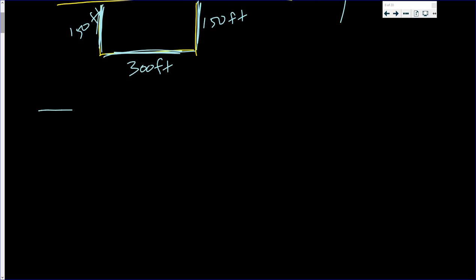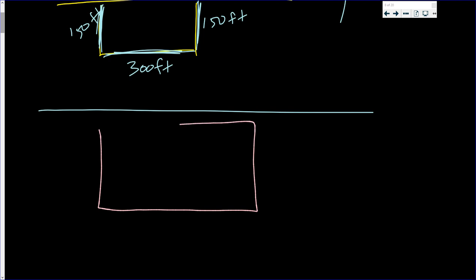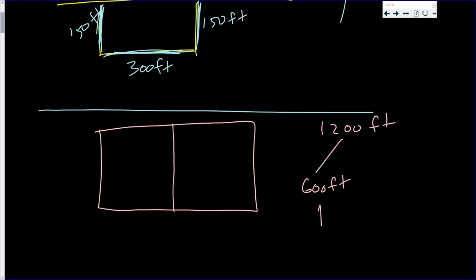Suppose, on the other hand, you want to build a dog pen like this. Maybe you have 2 dogs, so you want to separate them. Okay? Let's say you have 1,200 feet of fencing. So it becomes 600 feet vertically and 600 feet horizontally.